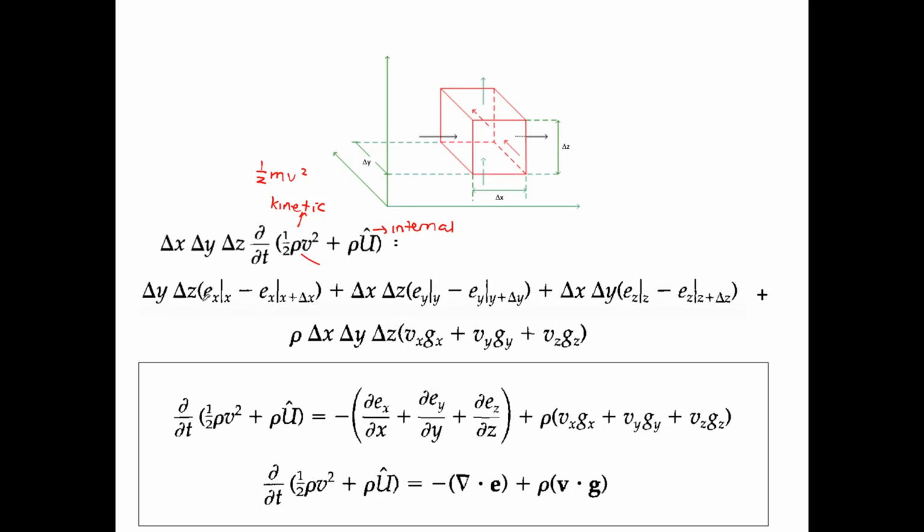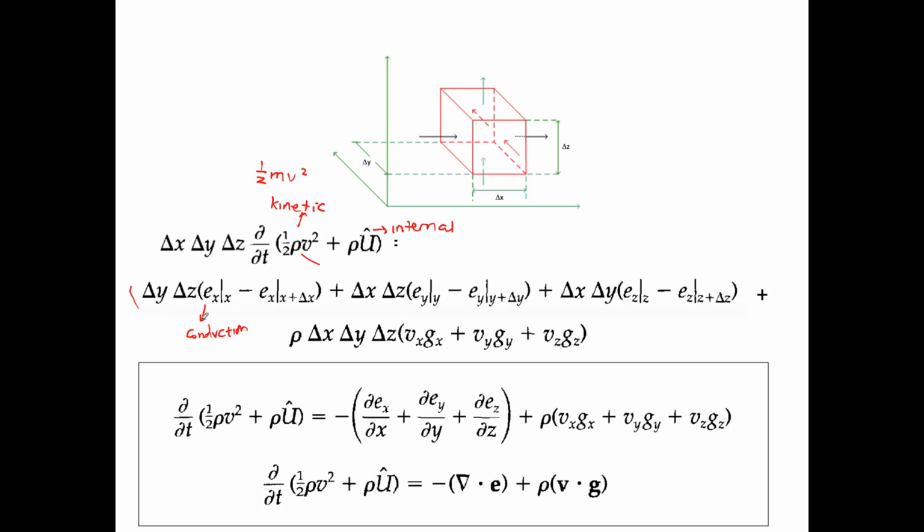And that's equal to E. So E here is actually the conduction, or we can write it as Q as well, because this is the heat by conduction at x equal to x, minus Ex at x plus delta x, and this should be multiplied by the area.